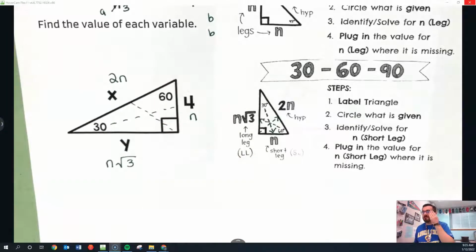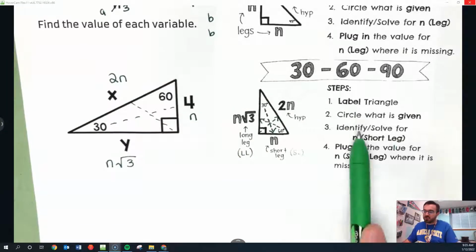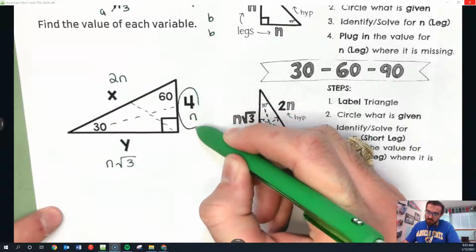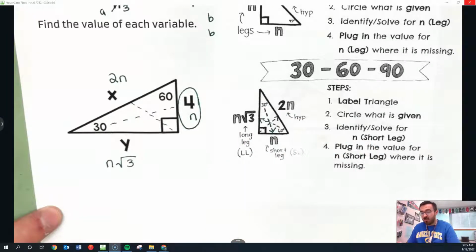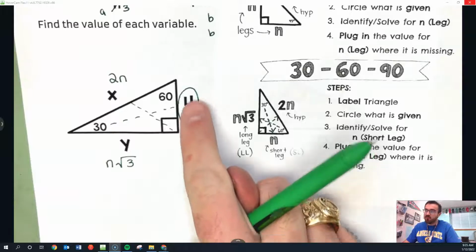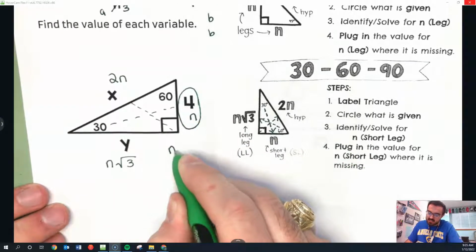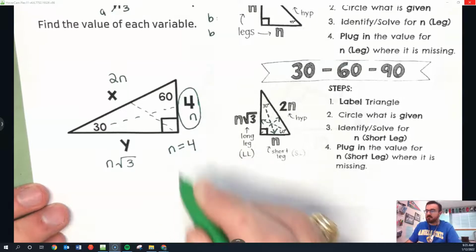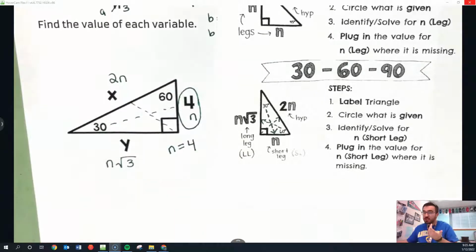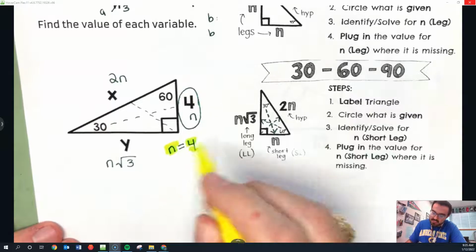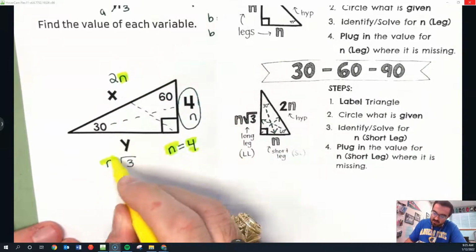Now we circle what is given. This is the one side that we know. x and y aren't helpful, but we do know that 4 equals n, so we can make an equation: n equals 4. Because we know that n is 4, I'm going to replace wherever I see n with the number 4.